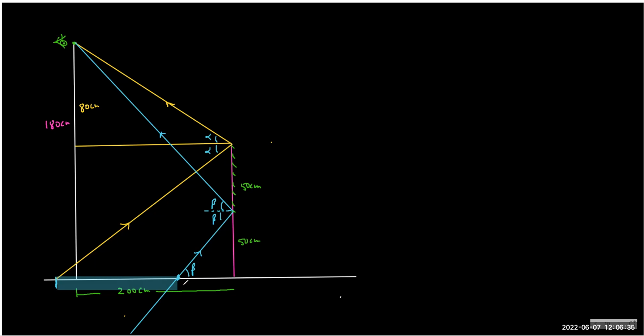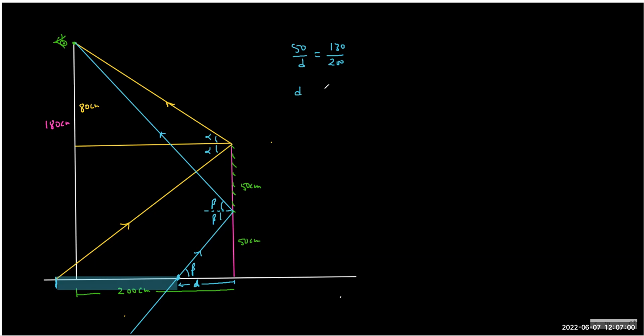If I call this some value d, then 50 by d is tan beta, which is 130 by 200.